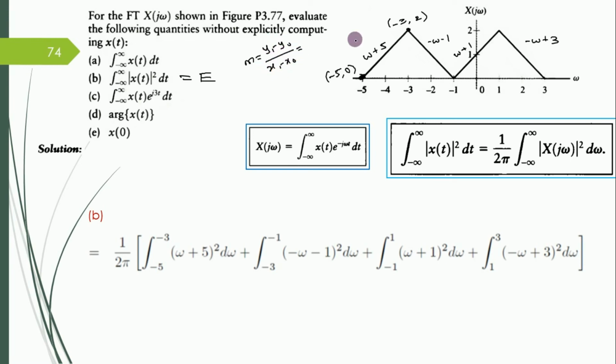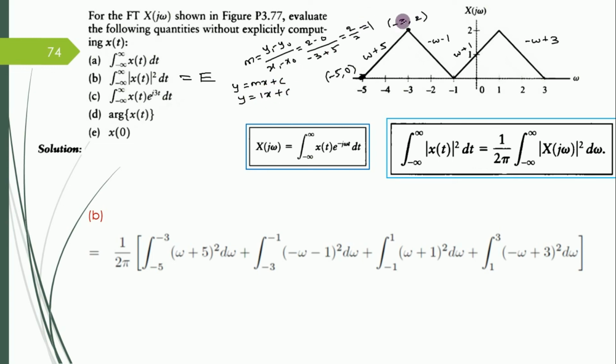Y1 here is 2, so 2 minus 0 over minus 3 minus of minus 5. You get 2 by 2, which is equal to 1. Slope is 1. Now I substitute in y equals mx plus c, so y equals 1x plus c.